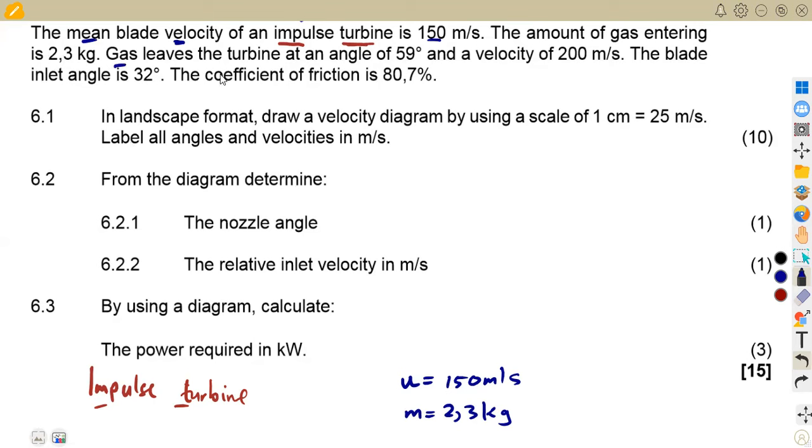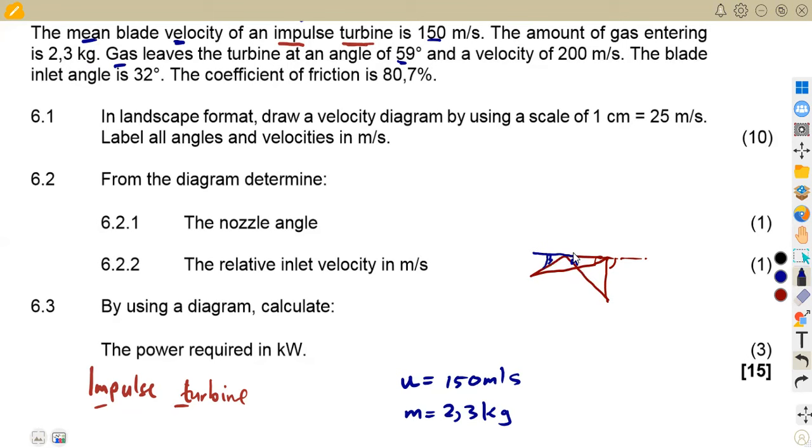Then we are given that the gas leaves the turbine at an angle of 59 degrees. That is the beta angle. Remember, let me just sketch so that we will understand later on as we are having the actual diagram. Remember, you are going to have the blade angle that is entering, and also the exit at this point. Then we talk about these two angles, that is our alpha and our beta.